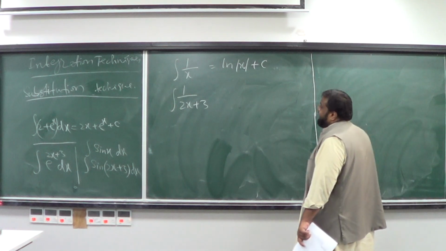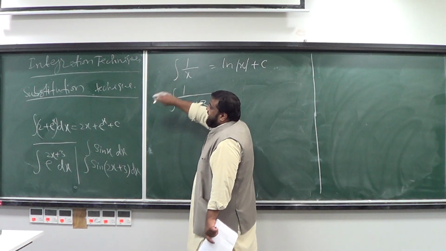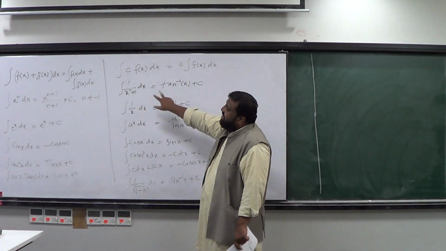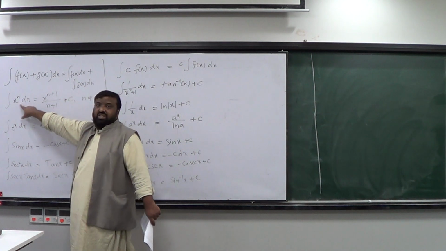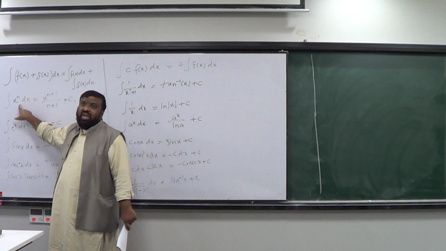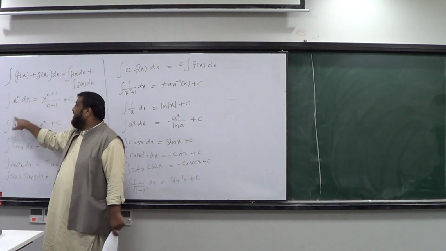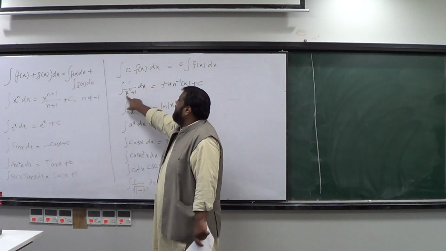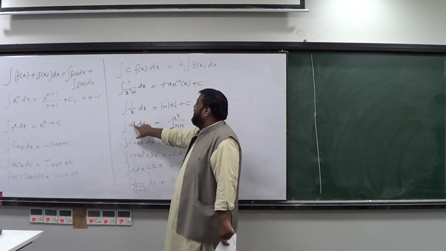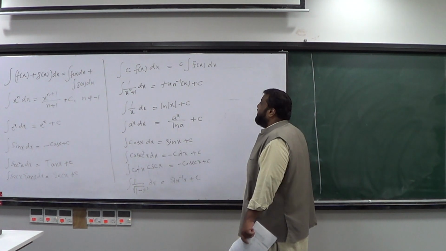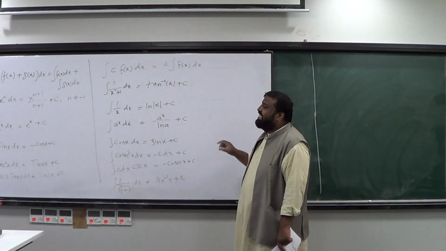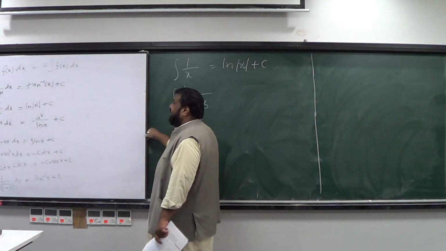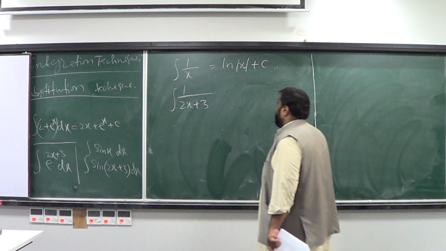In all of these examples, what I'm trying to say is that in this standard table of integrals, wherever you have x, if I replace it by a linear expression, say (2x plus 3) power n, or e to the 2x plus 3, or sine of 2x plus 3, or secant square of 2x plus 3, or 1 over (2x plus 3) square plus 1, or a to the power 2x plus 3, then how to deal with such a situation?